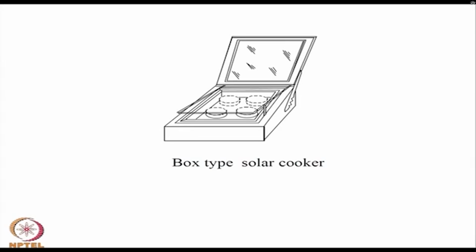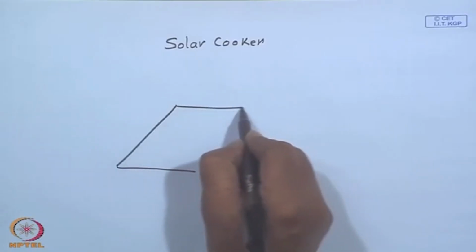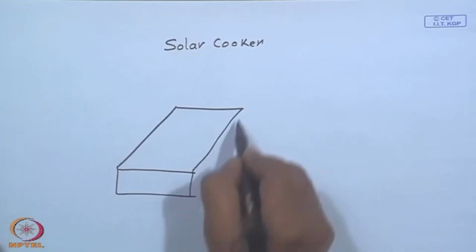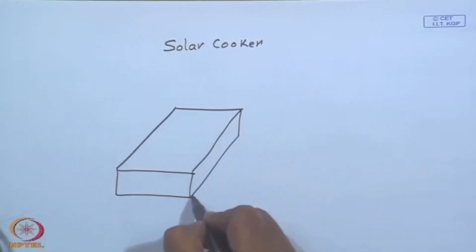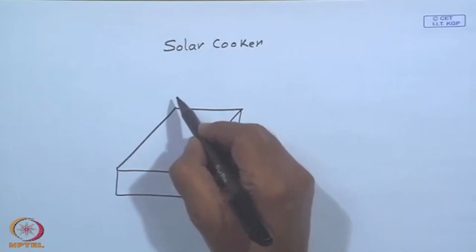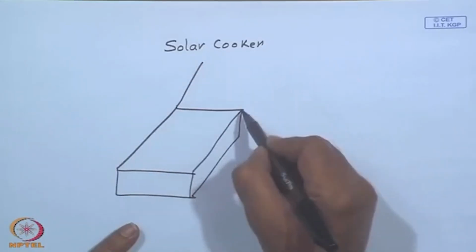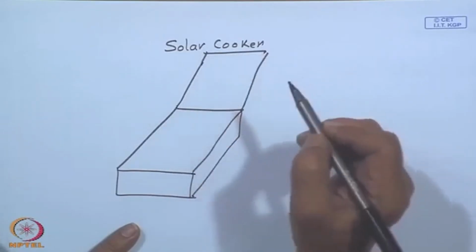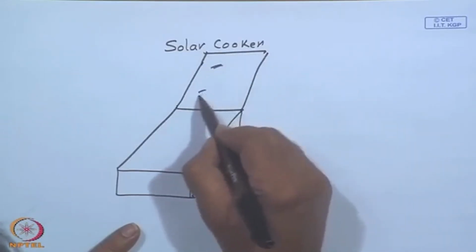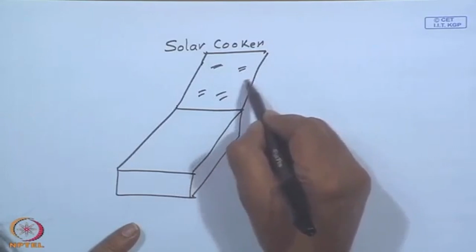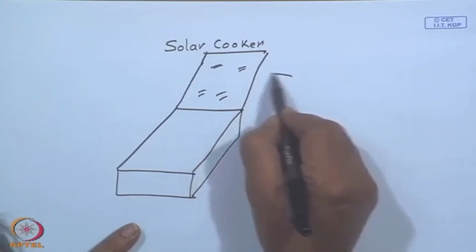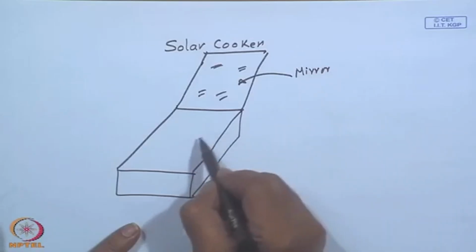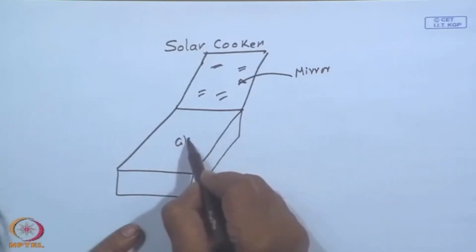So, you have a little box and you have a cover for this, and this may be a glass mirror, and this is glass.